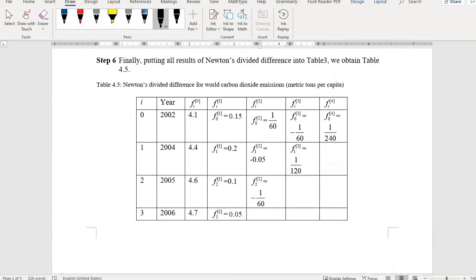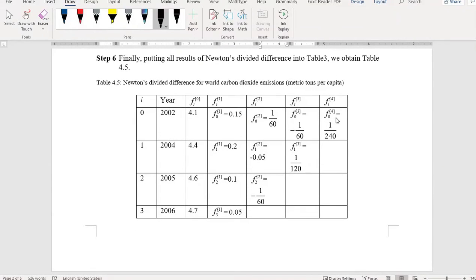Otherwise it gets very messy. For the third level, to calculate F03, this will be your A value, this will be your B value. C is 0 plus 3, so x number 3. So this will be your C, this will be the D. You notice in the third level, you get 2 K values.